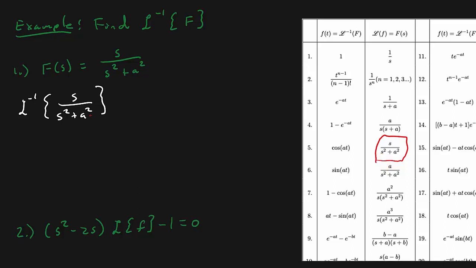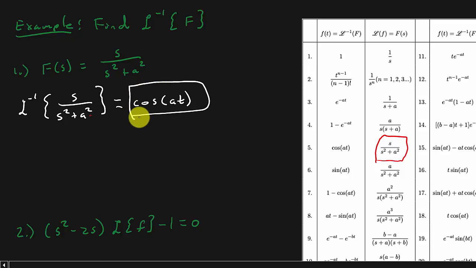So this is just equal to cosine of at, and that's your answer. Just a real simple one, nothing to it. I just wanted to do one where I can show you that we're using this side of the table to match it, and our answer's on this side.